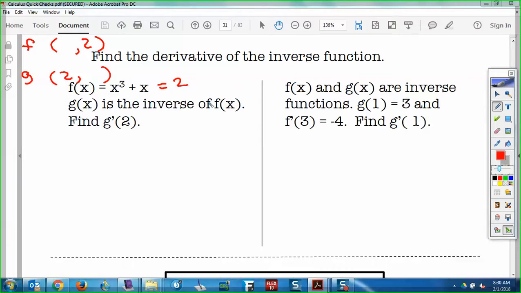Now this would be a calculator one, probably. This particular one would be for sure. Now maybe if there's no calculator, the function would be easier to solve. Because on this one, if we try to interchange the x and y, if we call this y over here, if we go x equals y cubed plus y, we can't solve that for y. Now we could do the implicit differentiation thing.